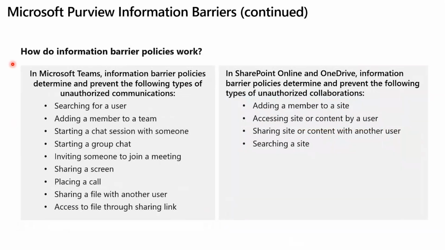So how we do that is we create these barriers. We set up that information barriers to which we apply people, and then we apply the restrictions that we want to put in place. So as I said before, the whole idea here is to prevent people from collaborating within teams.